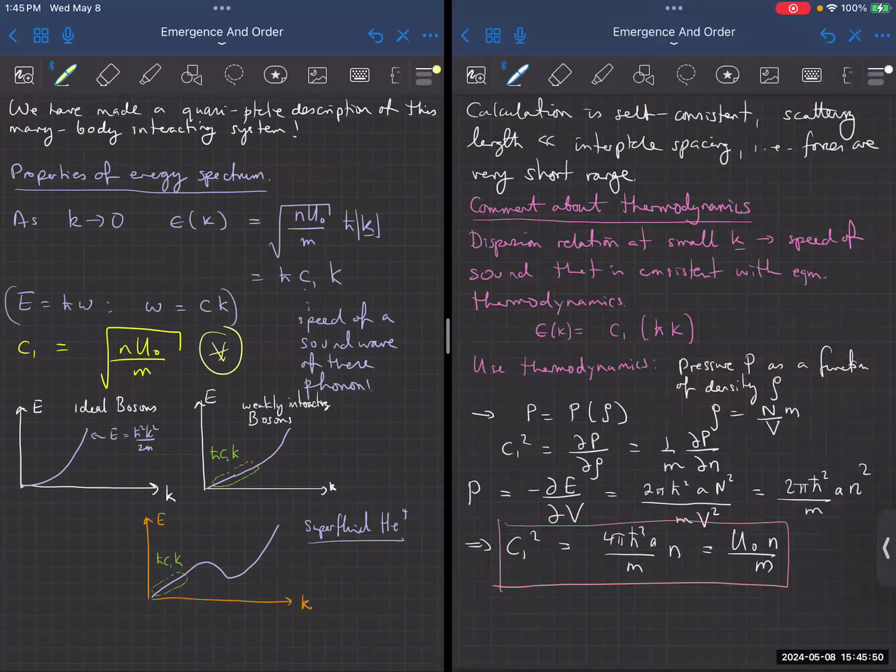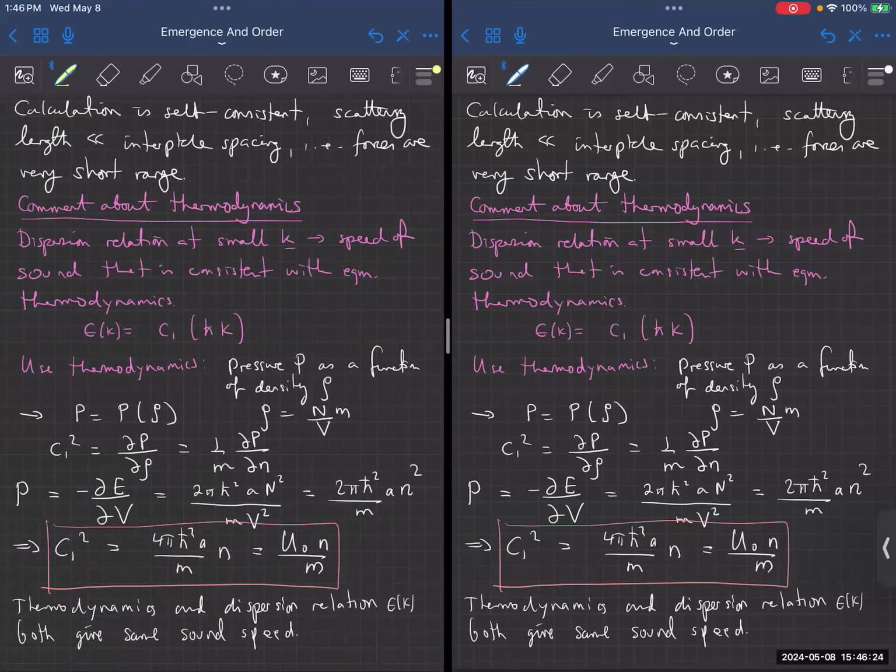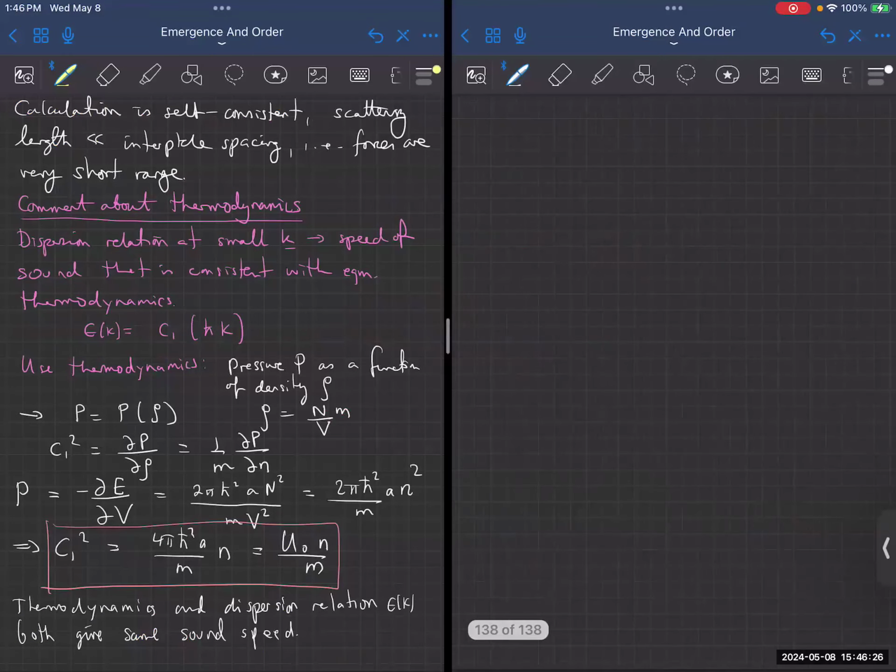So thermodynamics and the dispersion relation both give you the same answer, which is a very interesting measure of consistency.